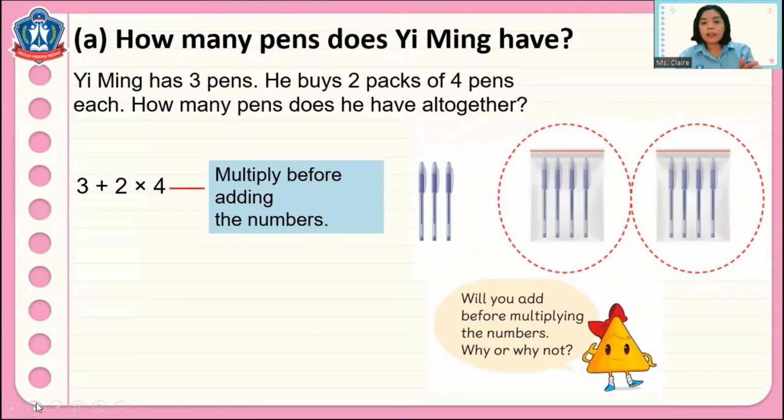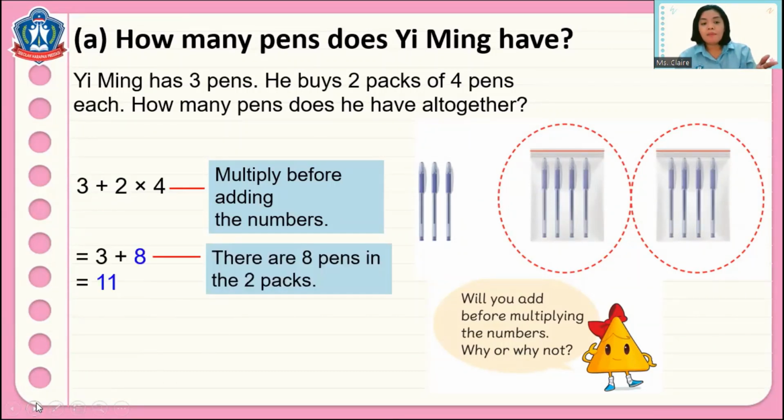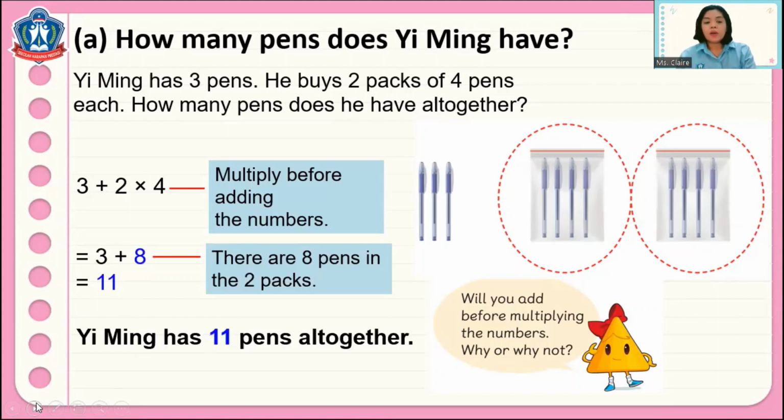We can calculate with this: 3 plus 2 times 4. We will do the multiplication first, the two groups of 4, and that is 8 pens. Then after that, we add the 3, and we get the total of 11 pens. So we will do multiplication first before addition.